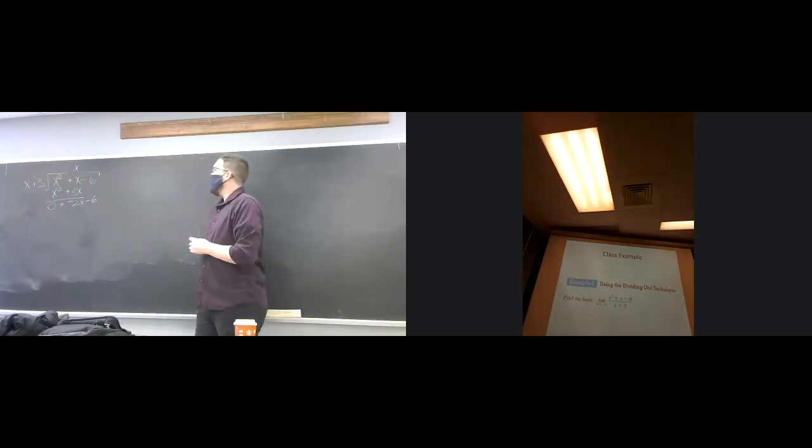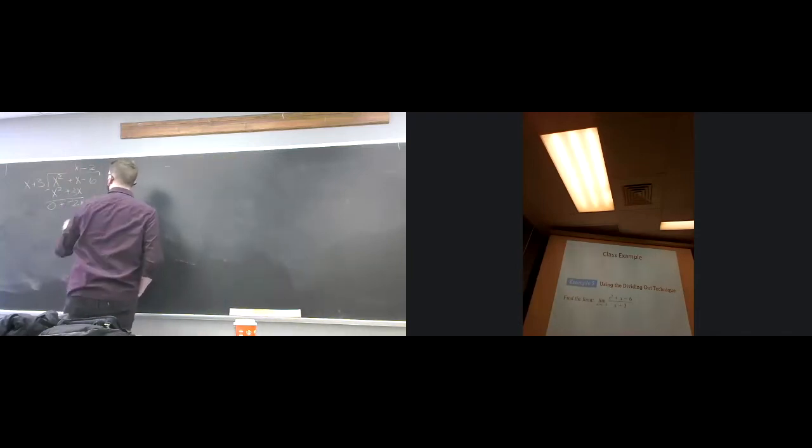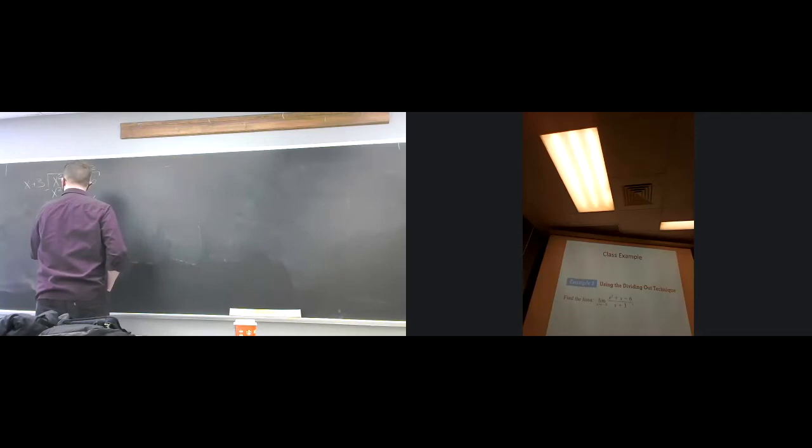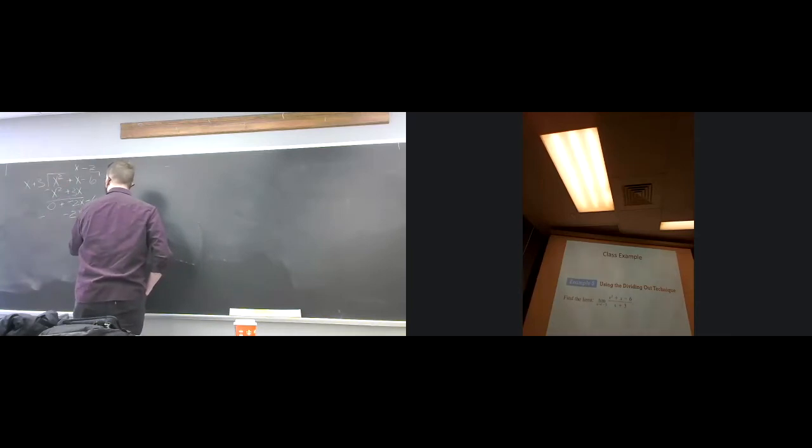We're going to bring down this negative 6. What do we have to multiply by now? Negative 2, right. That's going to give us negative 2x minus 6. So everything's going to cancel, right?